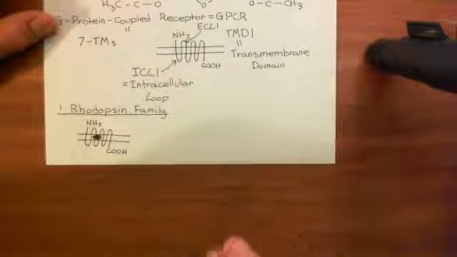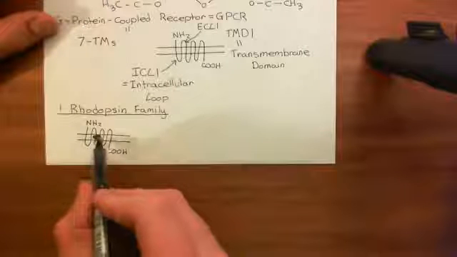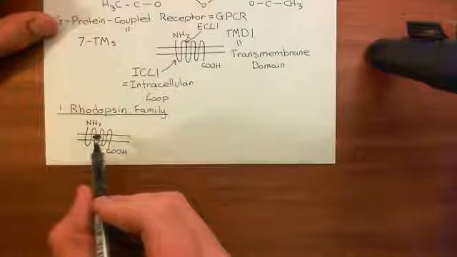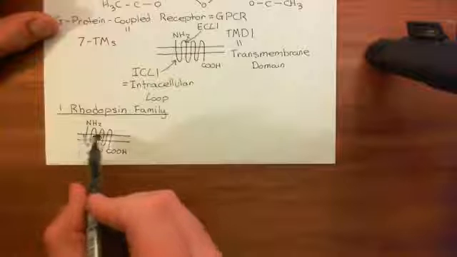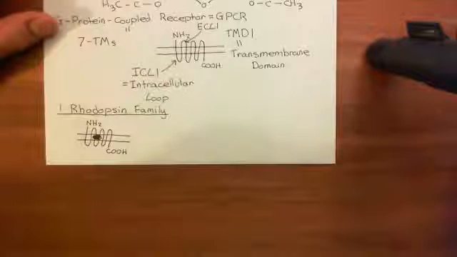I've drawn it as though the ligand is specifically binding to the 3rd and 4th membrane-spanning alpha helices. In reality, it can bind to many different ones in the case of different receptors. So it's not a hard and fast rule that they bind to the 3rd and the 4th membrane-spanning alpha helices.